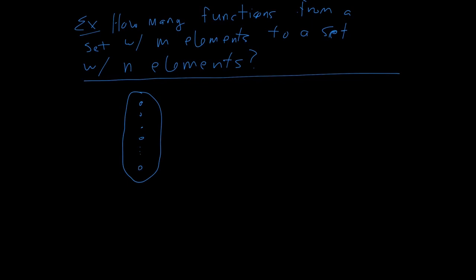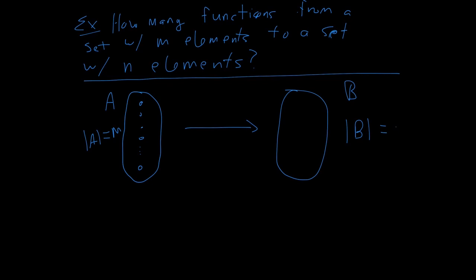Let me call this set A, and the cardinality of A is equal to m, and I want to define a function that goes from A to another set that I'll call B, and the cardinality of B is going to be equal to n. So it's going to have 1, 2, 3, dot, dot, dot, n elements.